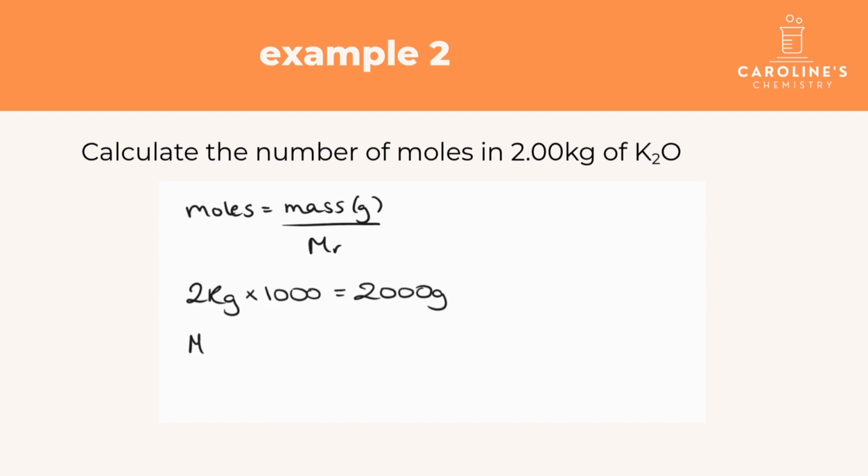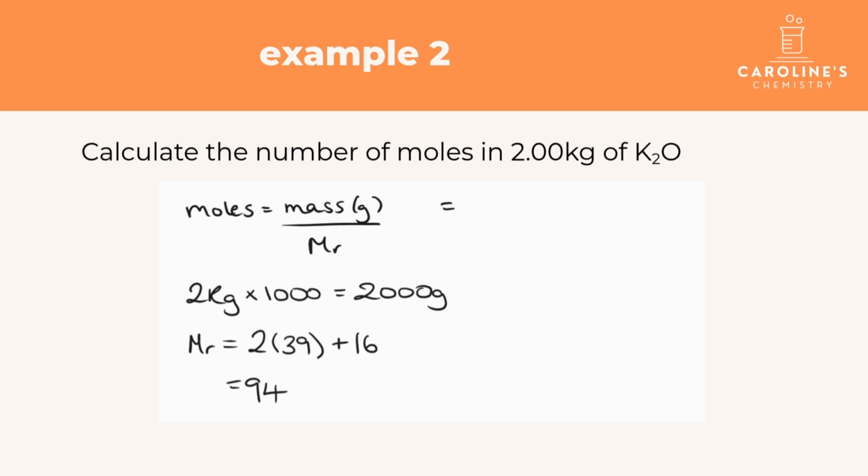We also need to work out the MR. Now, there is a full video on this that I have made if you want to brush up on that. But for this one, right now, we are going to use the periodic table to find the AR of the potassium, which is 39, and times that by 2, because there's 2 in the formula, and add that to the 1 oxygen. That MR is therefore 94.